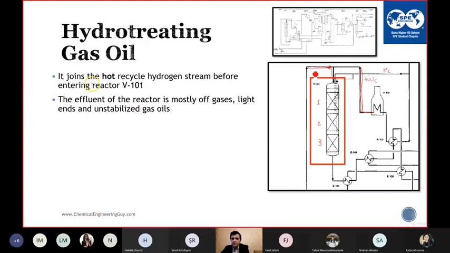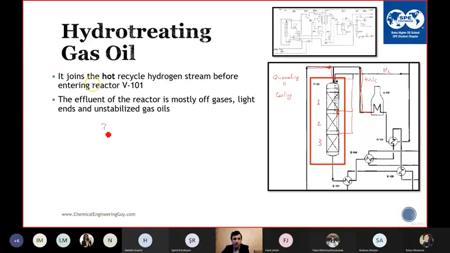Hydrogen is mixed with the feed, and it is also used for quenching. Quenching means cooling. It can be sent in between the packed beds, between the first and second one, and also between the second and third.